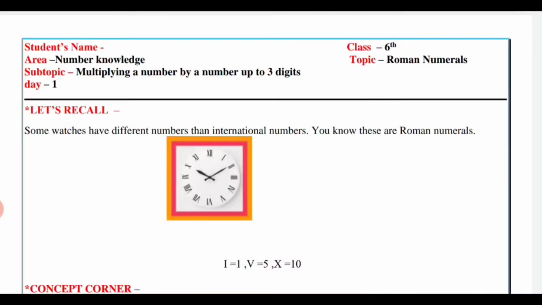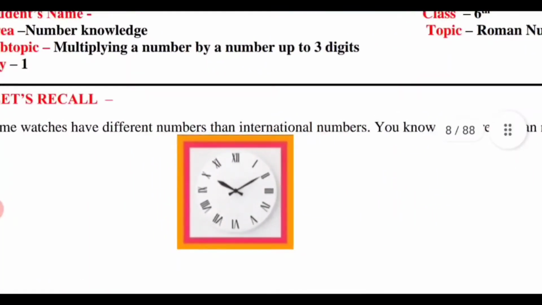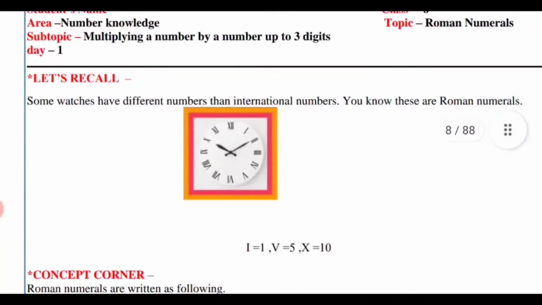The numbers which have English alphabets like X, I, V are known as Roman numerals. Instead of international numbers like 1, 2, 3, 4, 5, 6 and so on, these Roman numerals can be used. So this you all have to learn and make yourself understand.